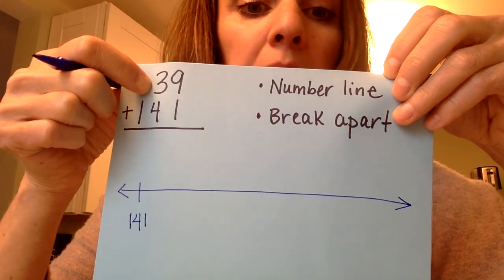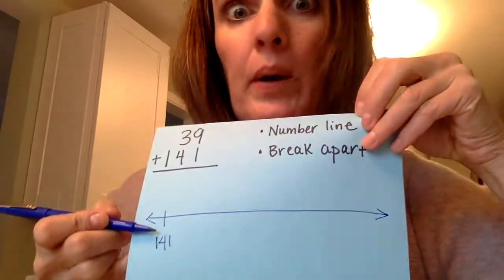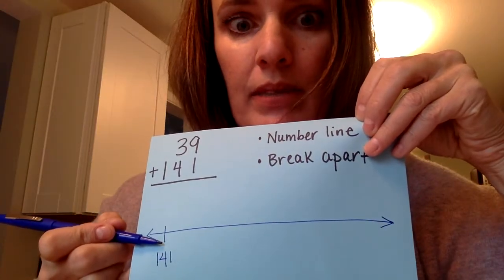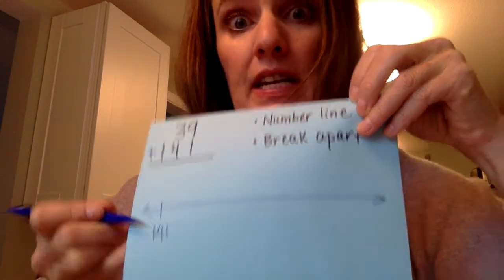Well, it depends. If I added the 9 ones, ooh, it would get me to a friendly number. Because 9 and 1 would get me to what? 10, 150. Oh, I'm definitely doing that. So plus 9. So I'm going to jump 9, and that's going to get me up to 150.